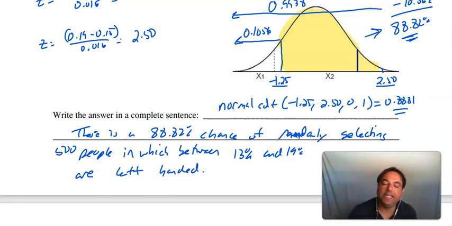Again, there is an 88.82% chance of randomly selecting 500 people in which between 13 and 19% are left-handed.